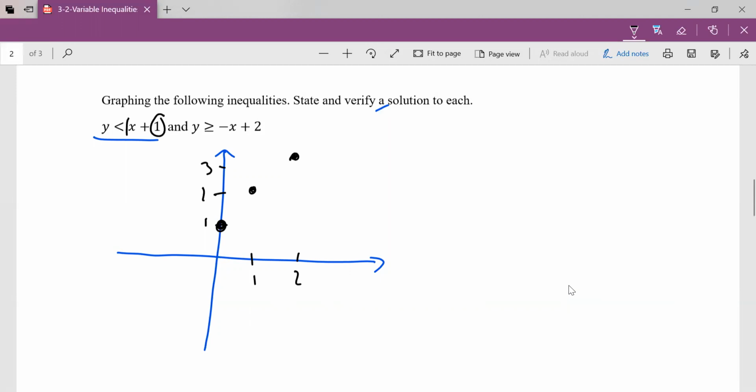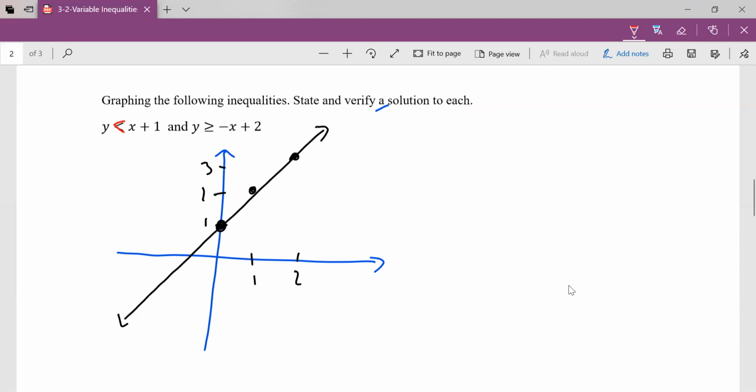Now, this is going to be a big difference from last year. In 10C, we just drew this line all the time. That is not what we're going to draw here. What I really need you to notice is this is an inequality. So what this says is, where are the y values less than?